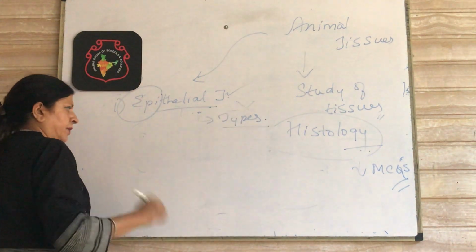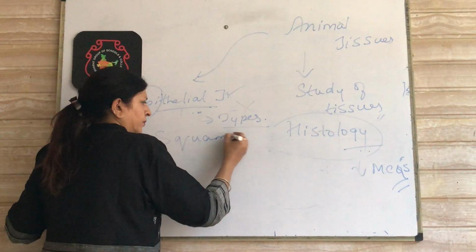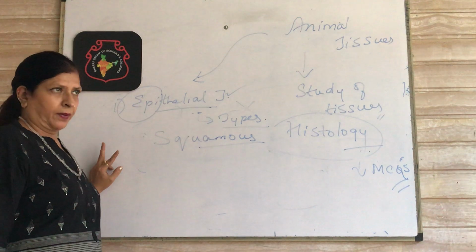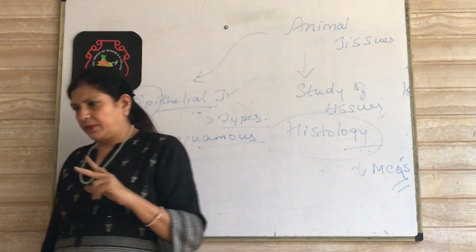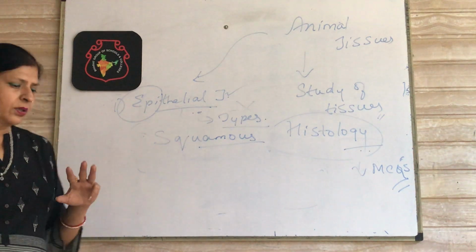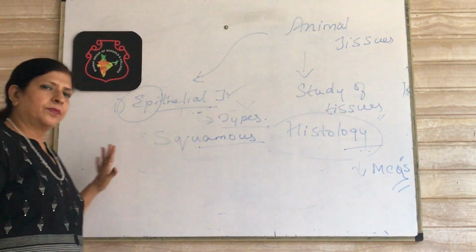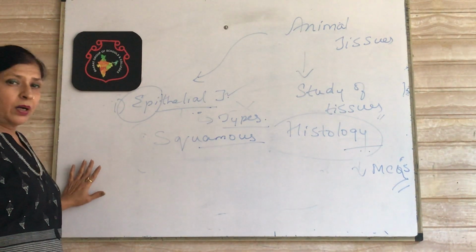Epithelial types, number 1 is squamous epithelial tissue. Number 2, cuboidal. I am just mentioning. Number 3, columnar. Number 4, ciliated. Number 5, glandular.